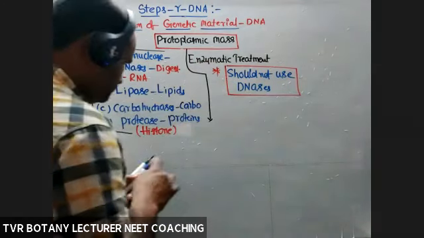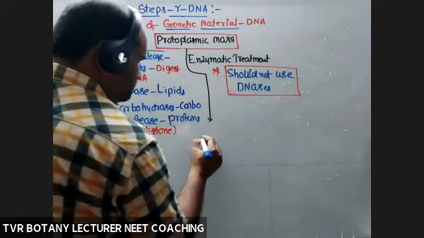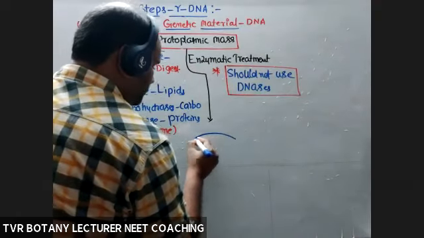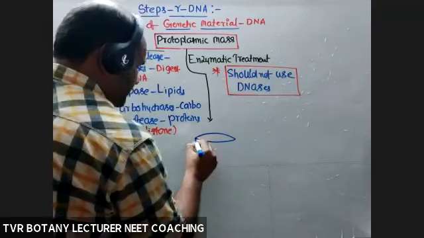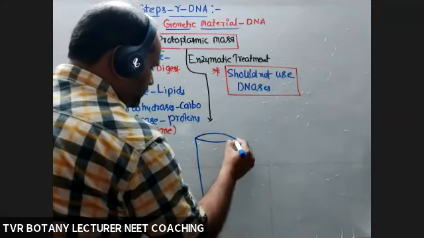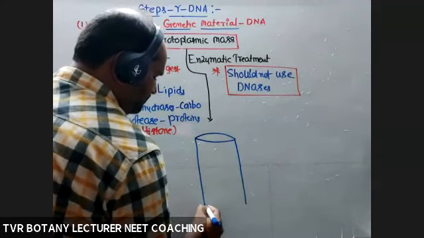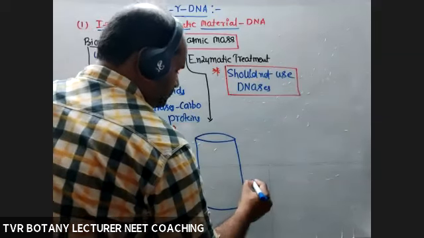Now, that mass of DNA is collected into a test tube. Take one test tube or conical flask.